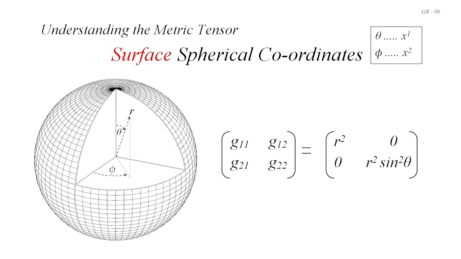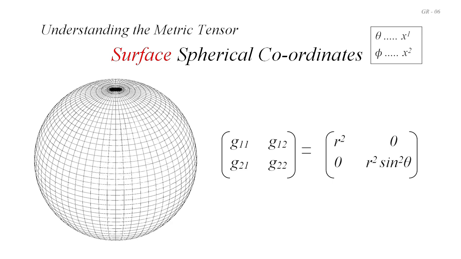Let's say that again. The phi basis vector, x2 going around the sphere, gets bigger for bigger theta up to 90 degrees as you come down the sphere. So working from what we might call the north pole to the equator, the phi basis vector is increasing. And once you get past the equator, or 90 degrees, it starts to get smaller.